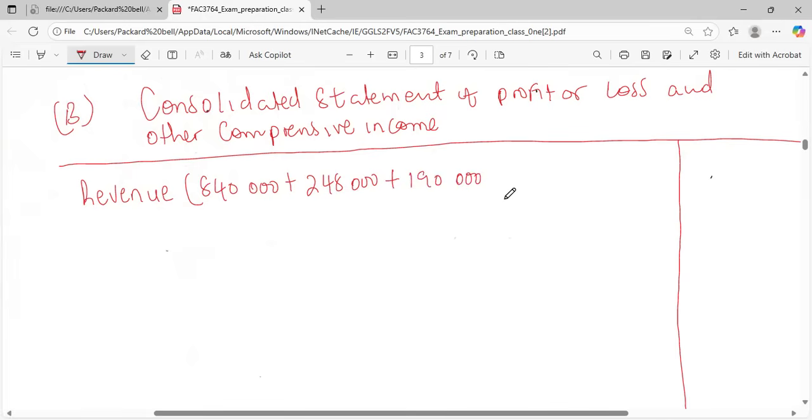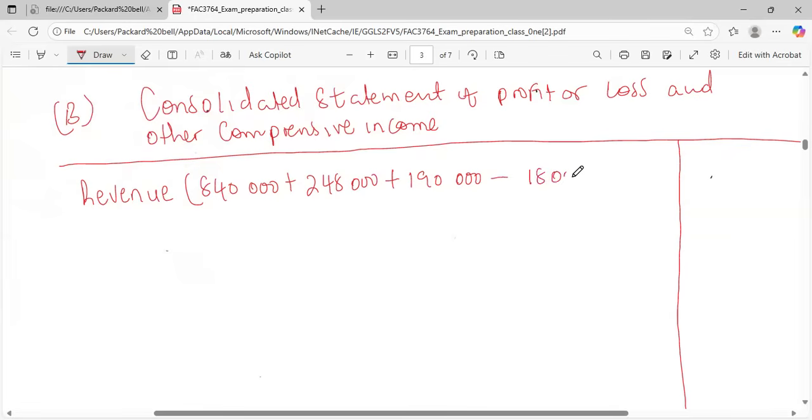What are we going to do with the intra-group sale of 18,000 under revenue? We minus it, am I correct?